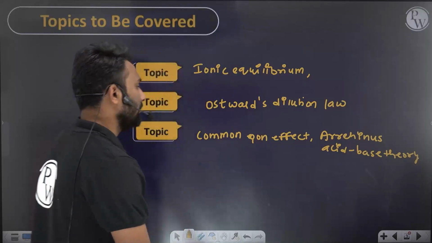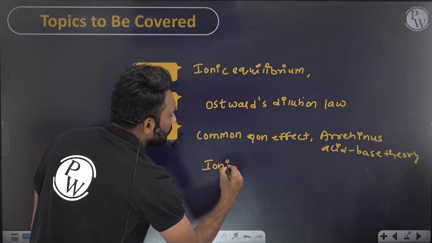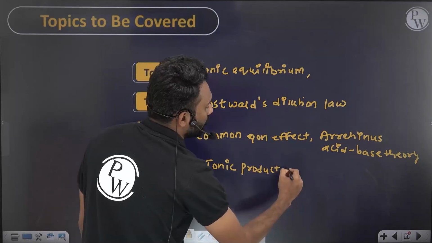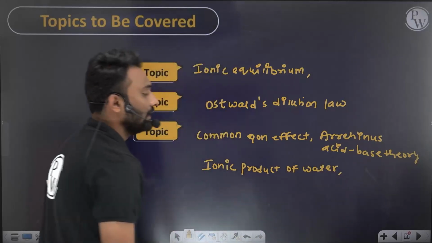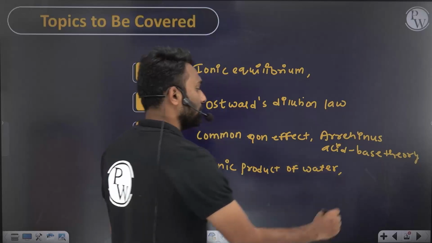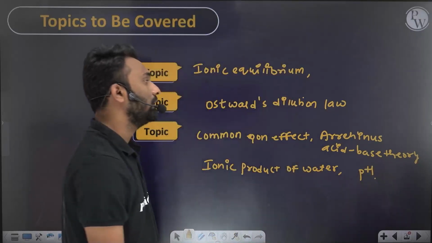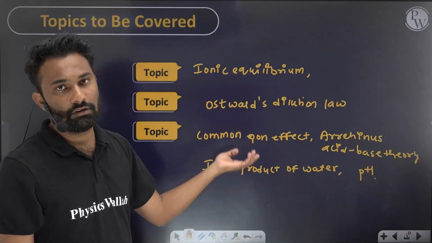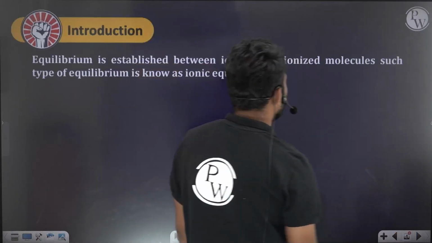Okay, next we are going to see ionic product of water. Next we are going to see the pH, power of hydrogen. Now these are the topics that we are going to cover in this video. Okay, now let's start our chapter.